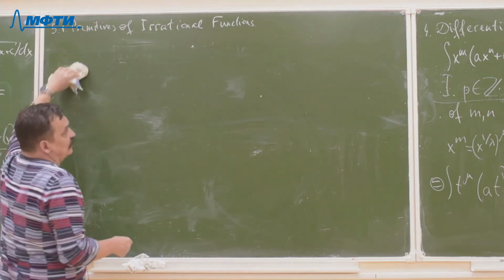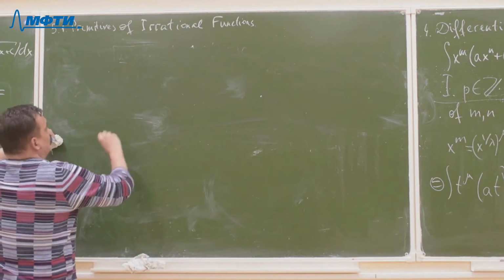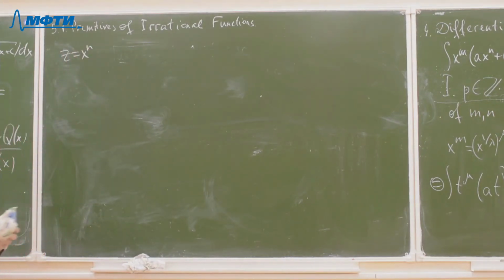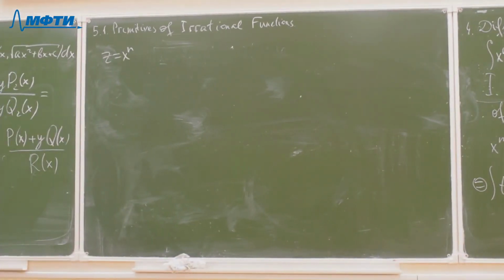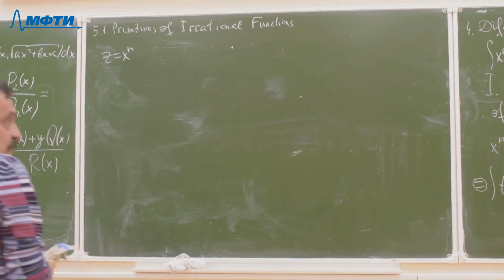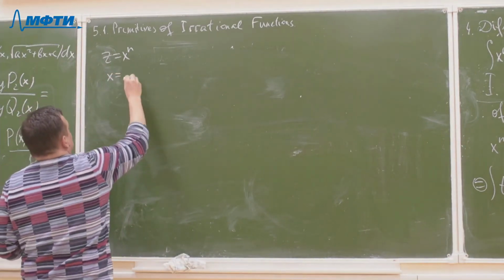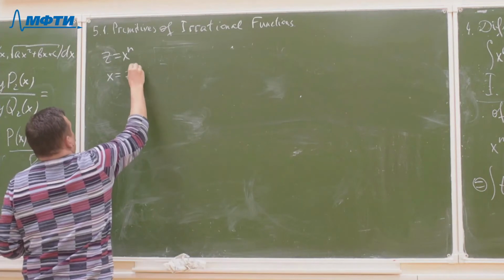So let us make a substitution z equals x to the power n. Of course, you can ask why we can do it, but okay, we just see. So x is z to the power 1 over n.